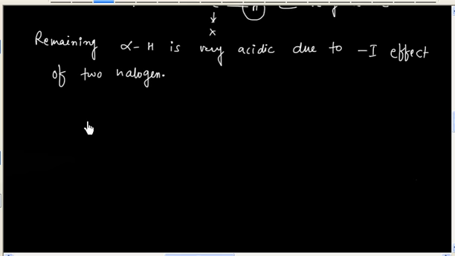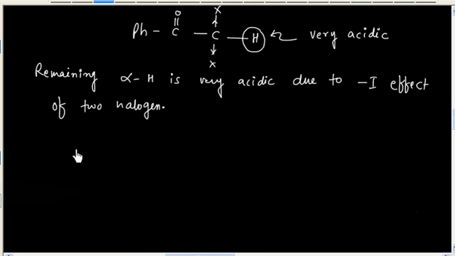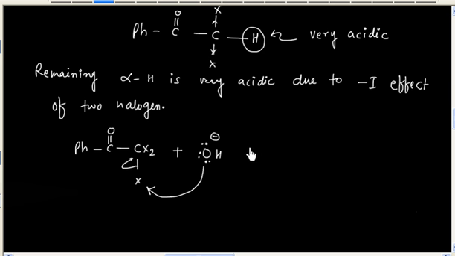So we will again have acid base reaction. So OH minus will act as base and it will abstract a proton and we will generate carbanion.